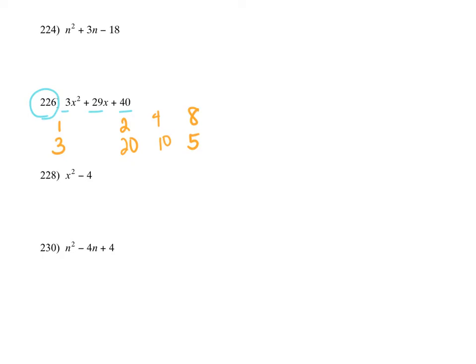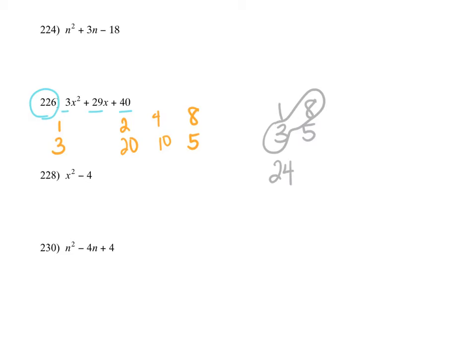Okay, so now that I've had a little bit of practice, I can see that 1 and 3 is going to be a good combo, not necessarily with 2 and 20. And I want to say 4 and 10 won't work either. But maybe 8 and 5. So let's try 8 and 5. So 8 times 3 is actually 24.